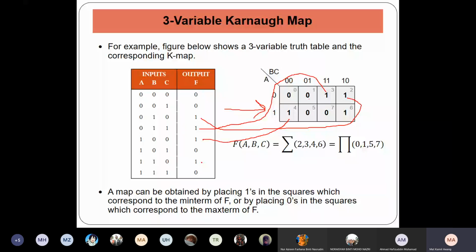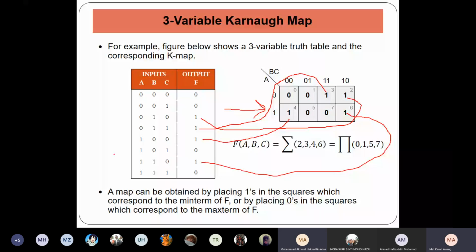So 1, 1, 0 is actually this. See? And the rest are 0. Can you see, sir? Why can't you see? It follows the input, 000, we take it at 000, sir. Yes. And you put the value there.